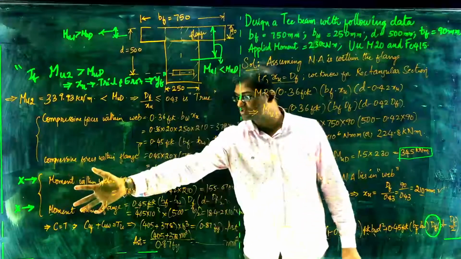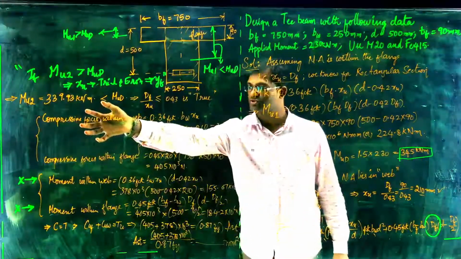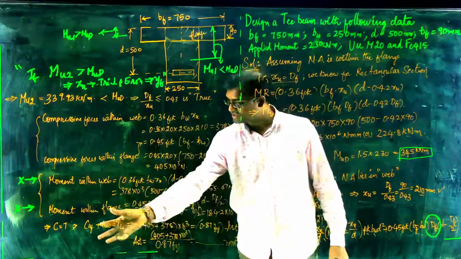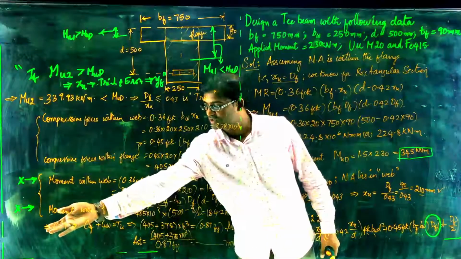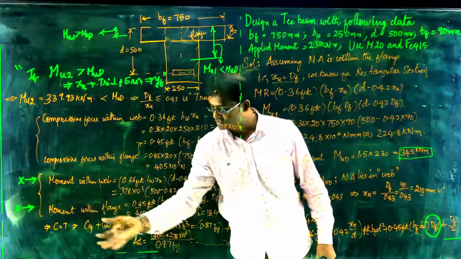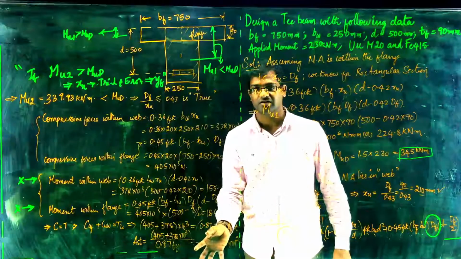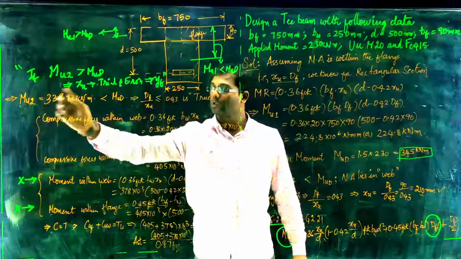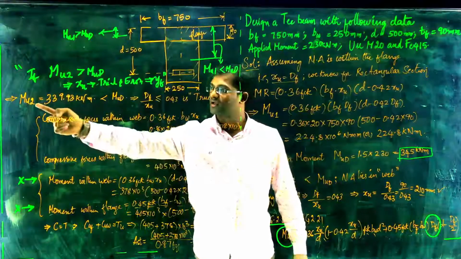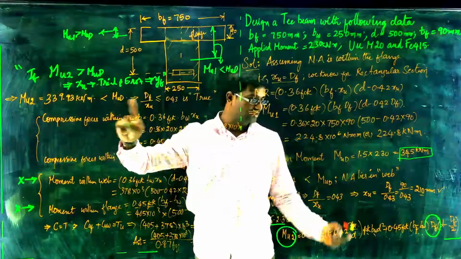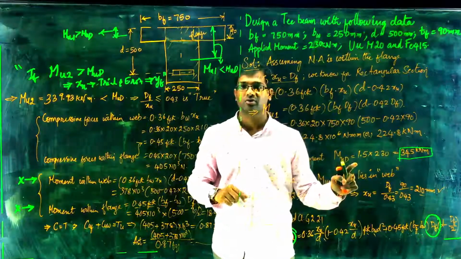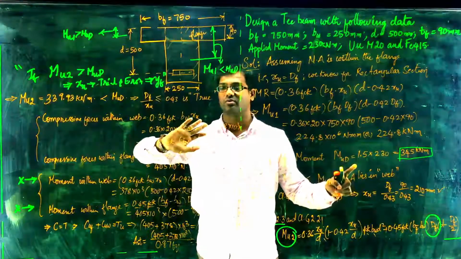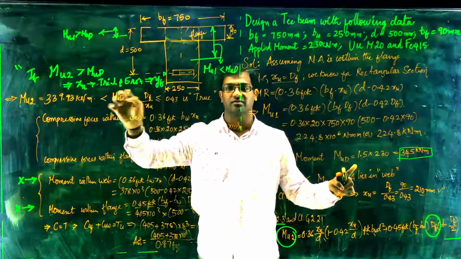Although you can skip these two steps, you can calculate compressive force due to web and compressive force due to flange, and using the equation total compressive force equals total tensile force, you can calculate the area of steel, right? I have not calculated it, you have to calculate it from your side. If Mu2 is less than Mud but greater when compared with Mu1, we will do that problem by using trial and error in the next problem.